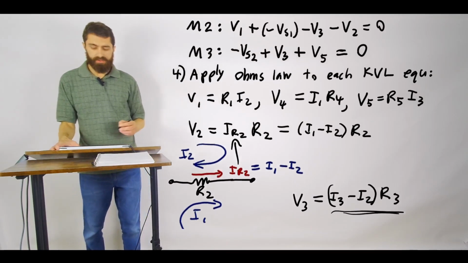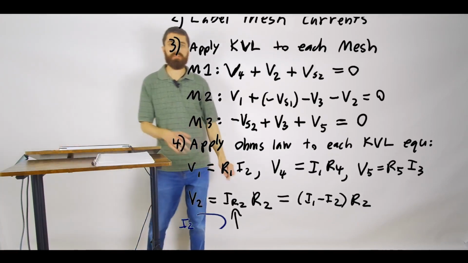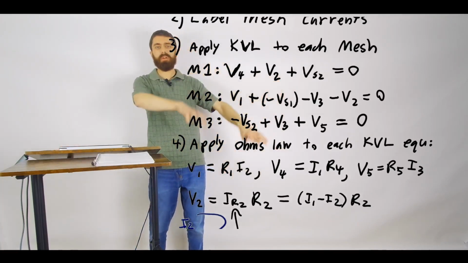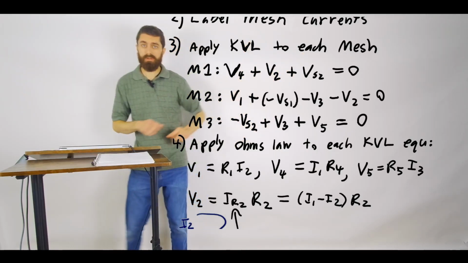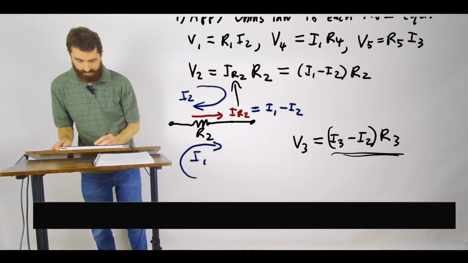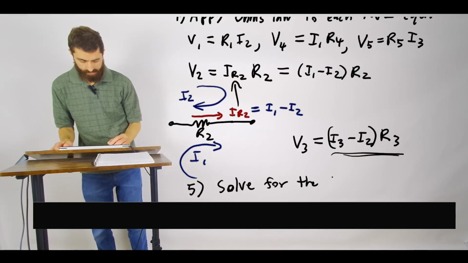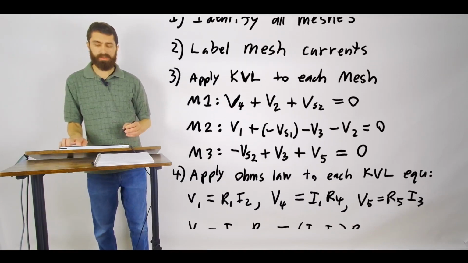So now what you can then do is take all these voltage values and plug them into the set of KVL equations that you've developed. And then once you do that, as your fifth step, solve for the mesh currents, your I1, I2, and I3.